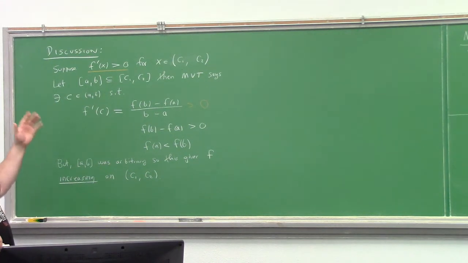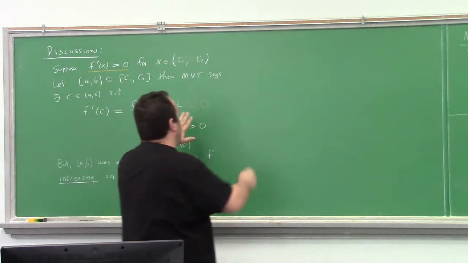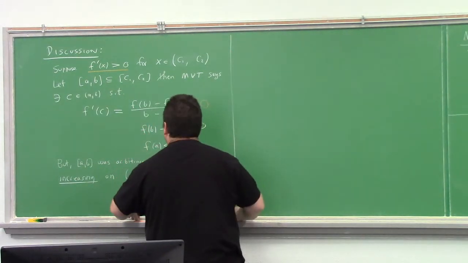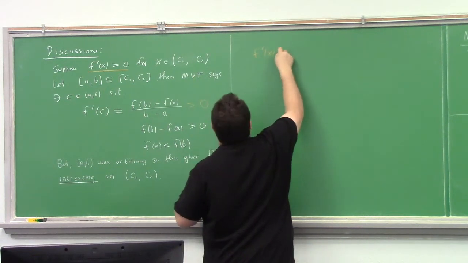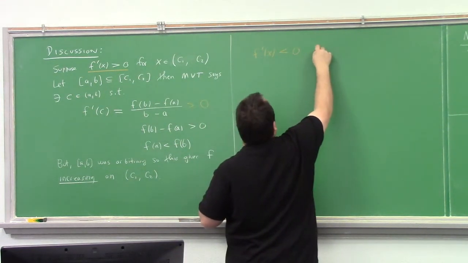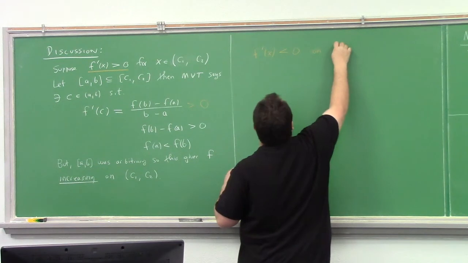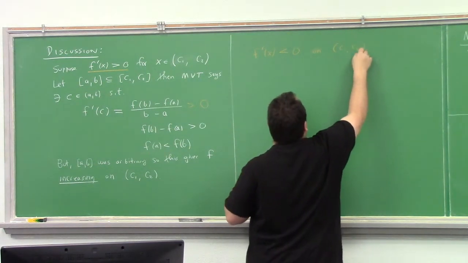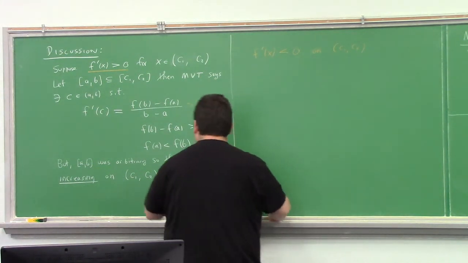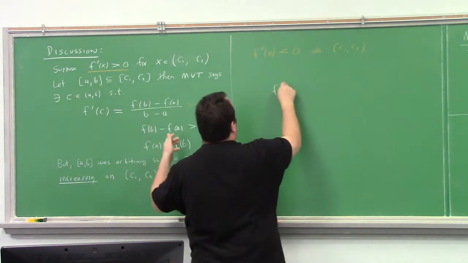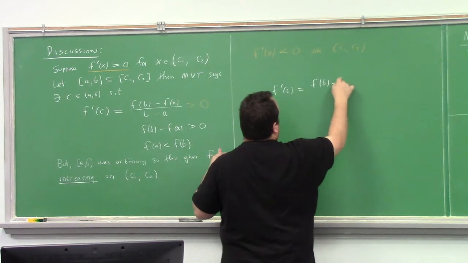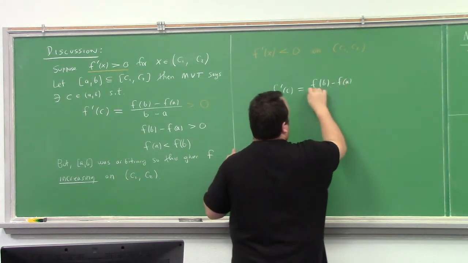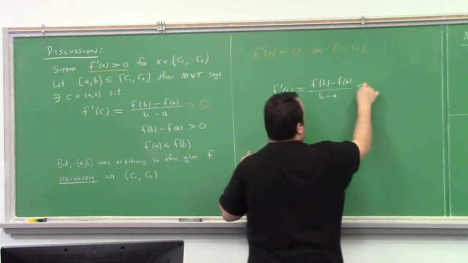What about the same argument? The same exact argument. If you replace the condition with f prime of x less than 0 on C1 to C2, then what? You get the same song and dance, but we get f prime of C equal to f of b minus f of a over b minus a less than 0, right?